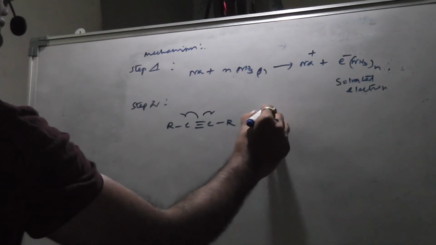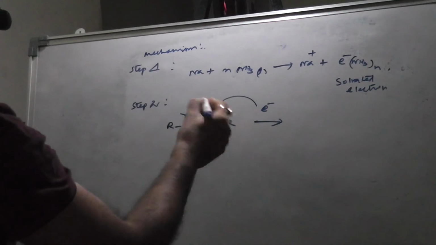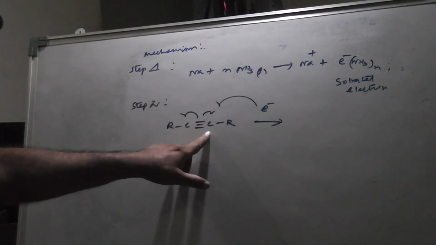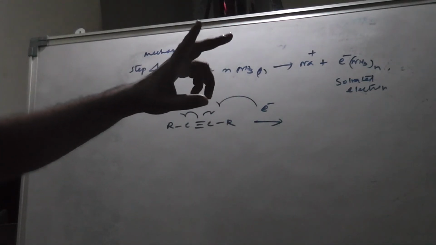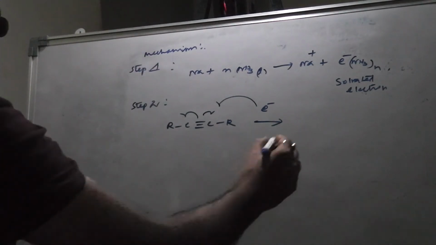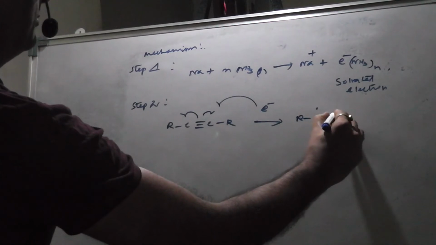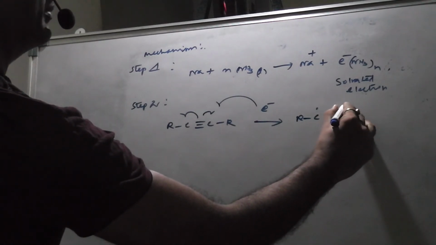Now the solvated electron adds to that particular carbon, forming a radical. You could see a radical formation here that adds an electron, so two electrons are together. That means a negative charge is there, leading to a double bond with a carbanion.